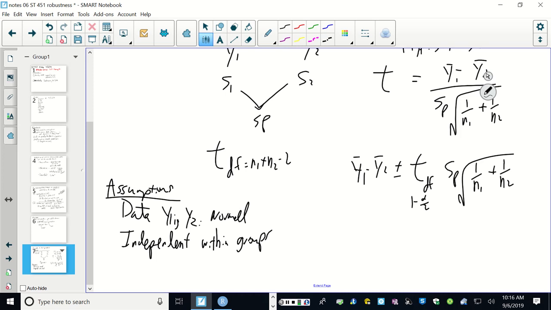That's almost outside of the statistics and numbers. Is it correlated? Is it clustered? Were there pairs of data within the first group somehow? You'd have to know that outside of the numbers. Independent within groups, but also the two groups are independent. It's not matched pairs. So independent within groups and simply independent groups.